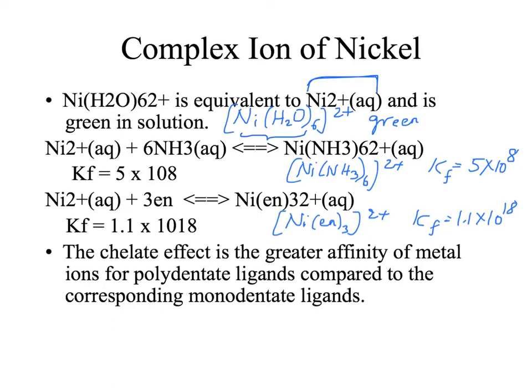Now this is green in color, and if you take that and you treat that with 6 ammonia molecules, that ammonia is going to displace the water out. Okay, and the Kf for that is 5 times 10 to the power of 8.